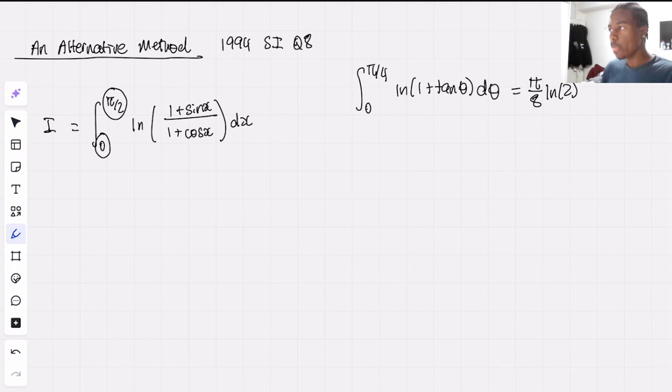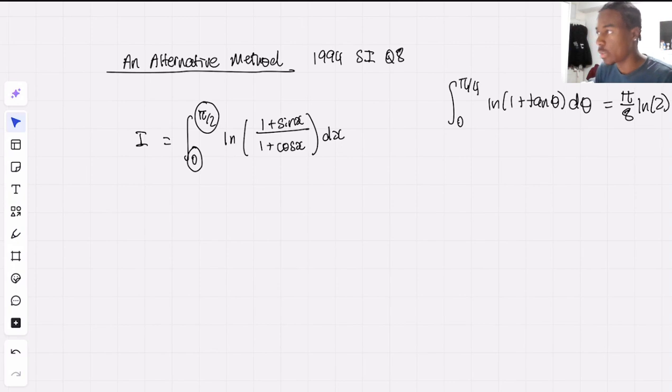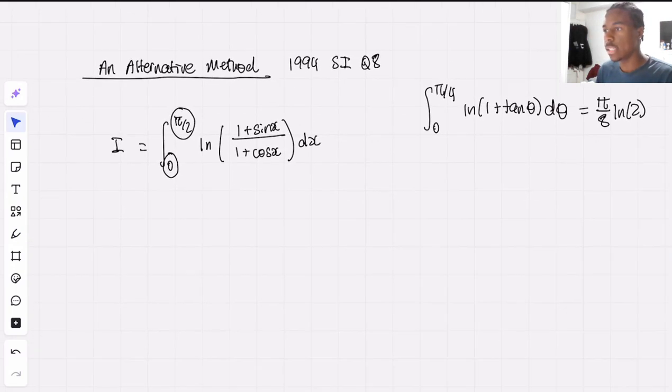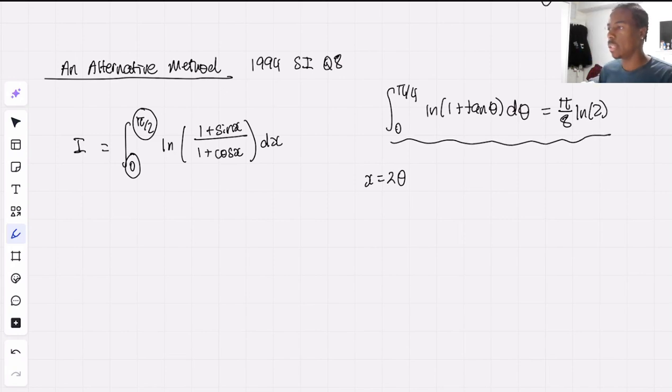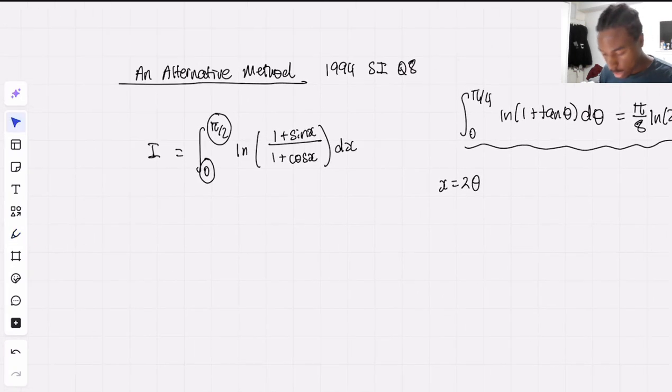We're going to use this fact to find another substitution that links to this new integral. If we look at our bounds, and if we stare long and hard, if we set x equal to 2 theta, we get something with those bounds being the same, and then hopefully we can do some algebraic manipulation and get to something very similar to this.